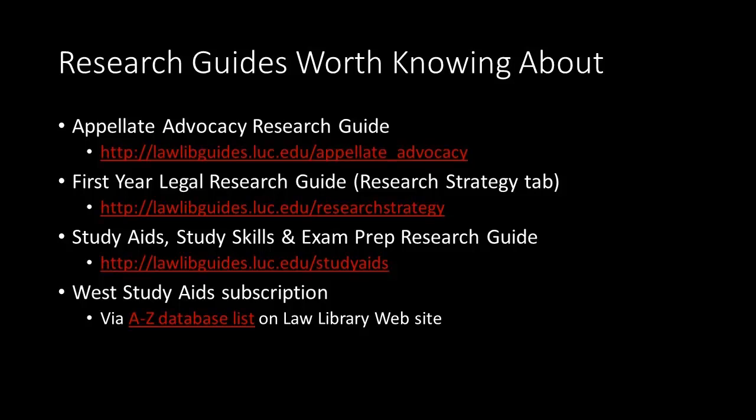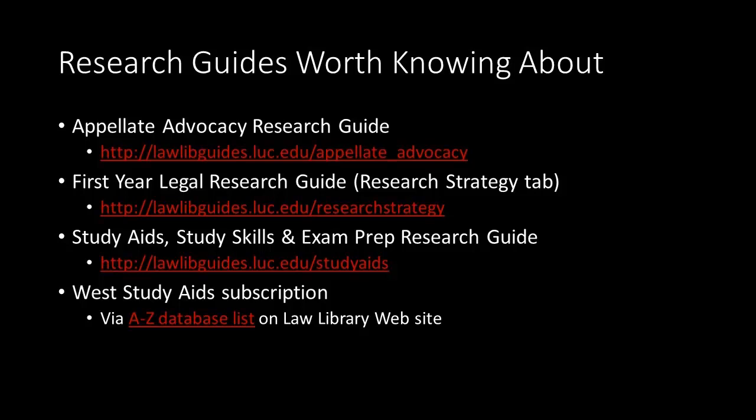And a lot of those are found in our West Study Aid subscription, which you can get to off the Law Library's website from the A to Z database list. You should be familiar with that from last year, because if you took first year legal research last year, we used Legal Research in a Nutshell as our textbook. That was part of the West Study Aid subscription.